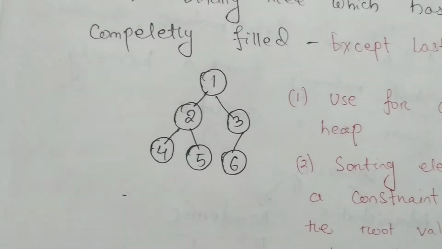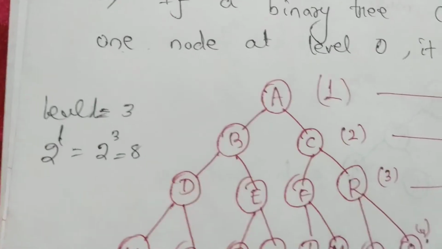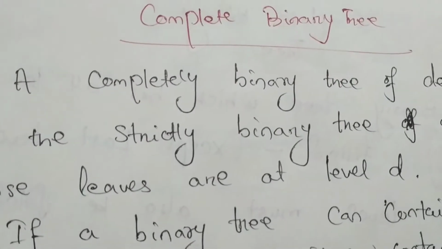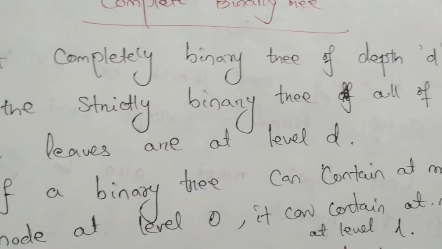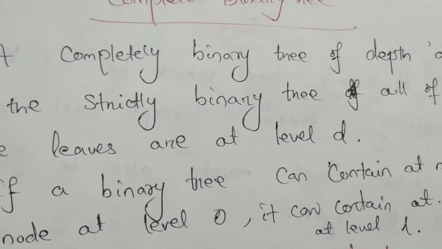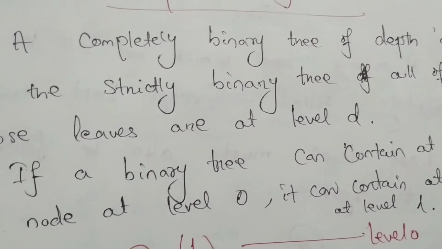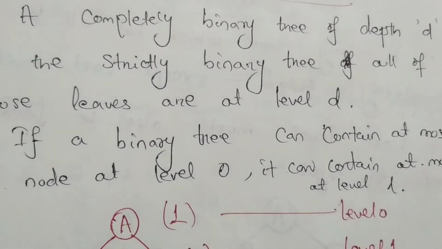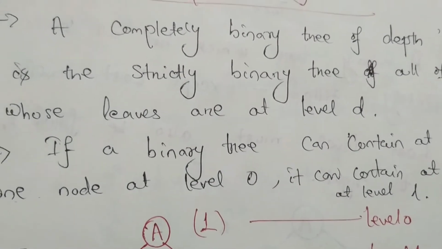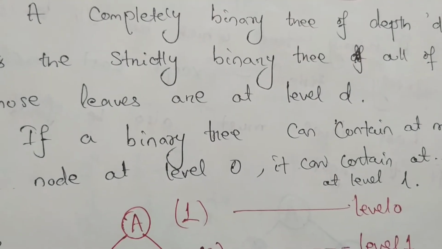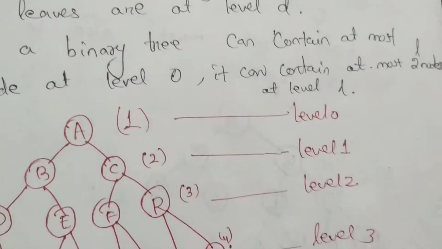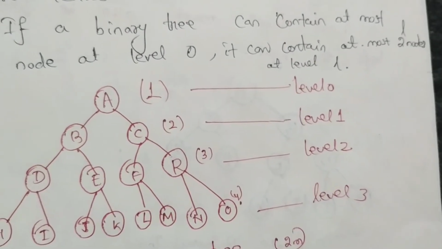We can see another definition of a complete binary tree: a complete binary tree of depth d is a strictly binary tree all of whose leaves are at level d. This definition can be best explained with the help of an example.